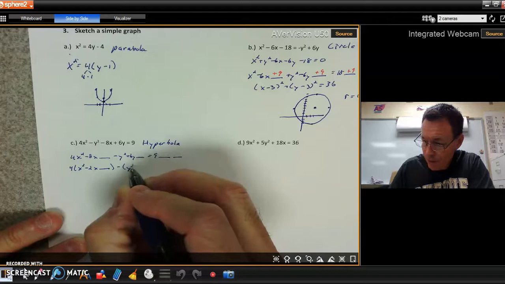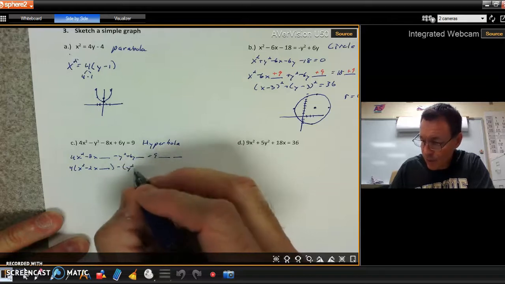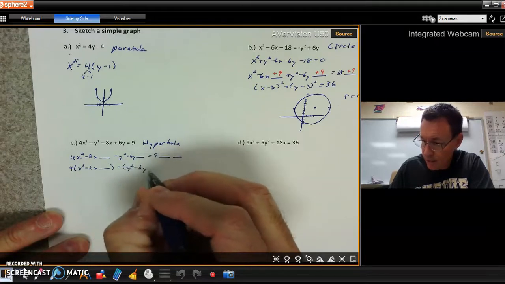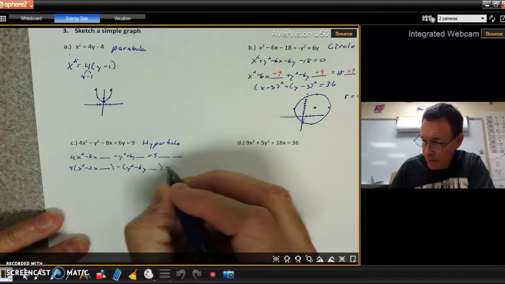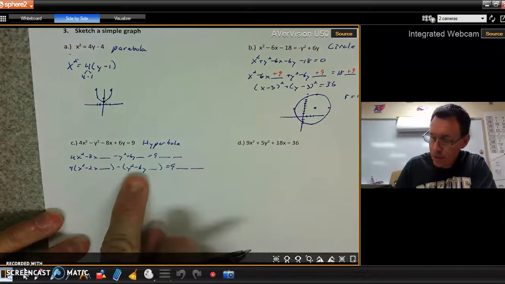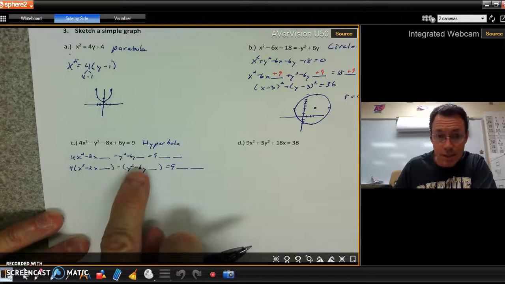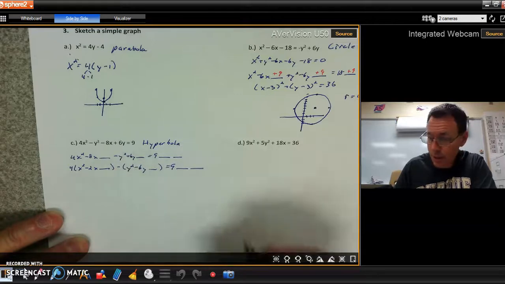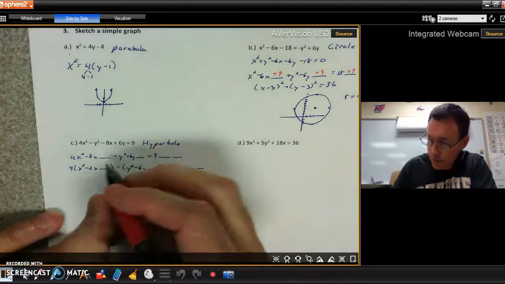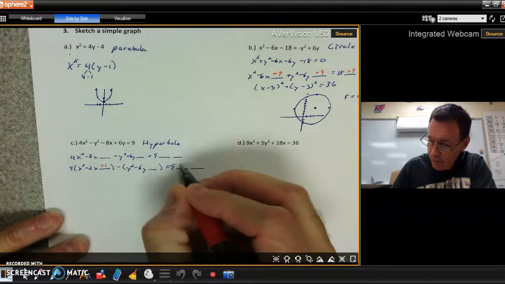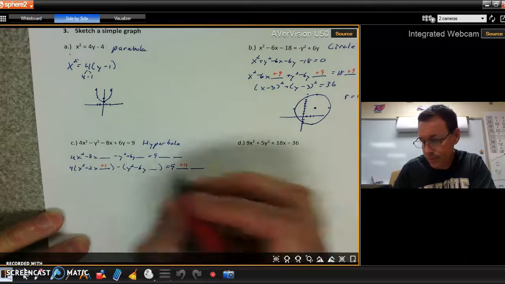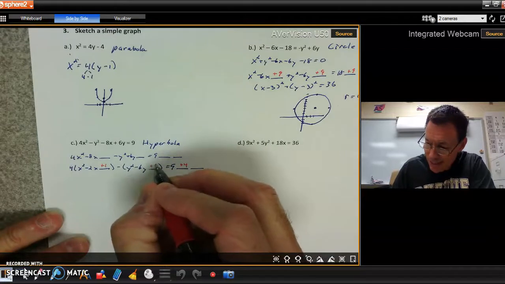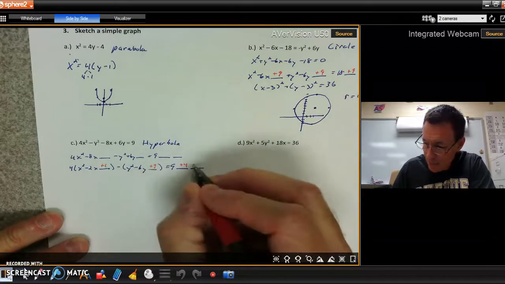That's the hard part with hyperbolas. If there's not a number in front of the y squared, sometimes you forget that you're supposed to factor anything out. Okay? So, and also the plus 6 turned into a minus 6. All right. This is now a plus 1 and a plus 4. This is now a plus 9, but a minus 9.